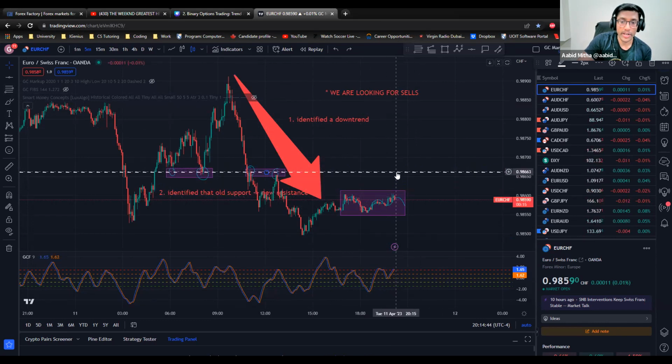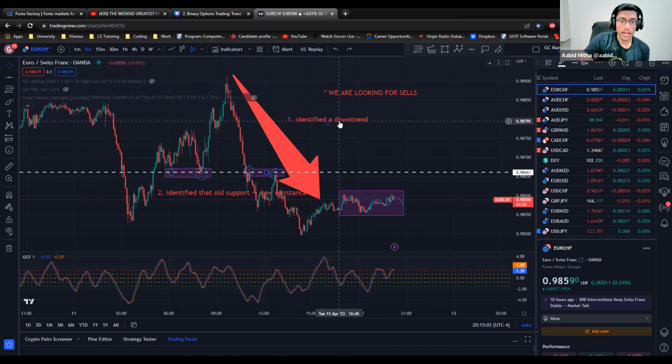So if it does hit here, it can potentially break our resistance zone and maybe become support again, right? So it really depends on how you view the market. Again, some of this stuff is a little bit more advanced, but the whole idea today was to see how we can simply look at trends and zones and see how they react within those areas.